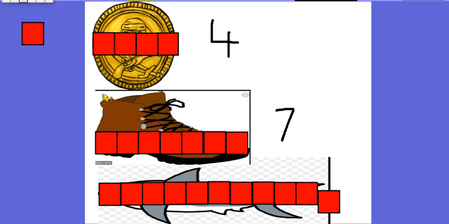So it's 10 and a half. It's not a full cube. So 10 and a half cubes long.